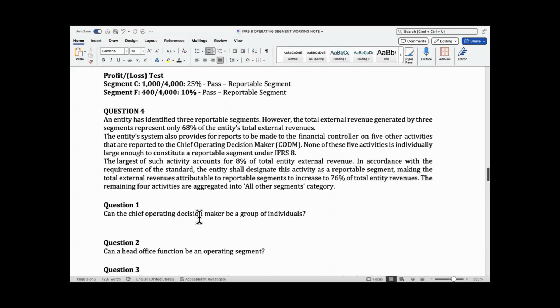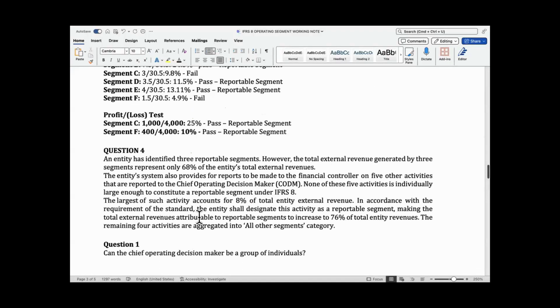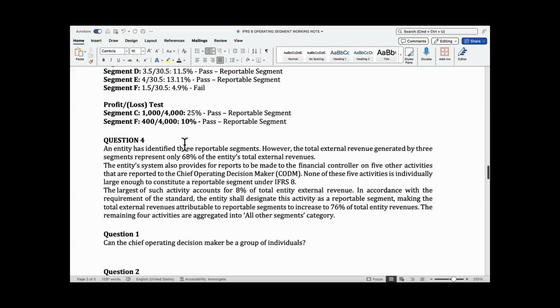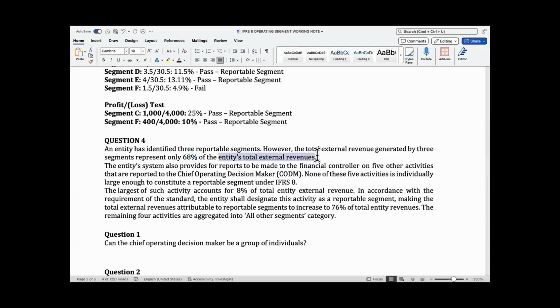So, I was talking about this company. They have 3 reportable segments, and by the time they looked at the revenue of those 3 segments, they saw that it's only 68% of the total revenue of the company. That means that they need to look for one additional segment.